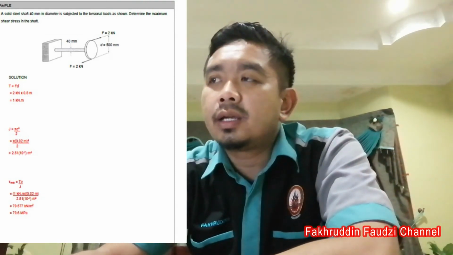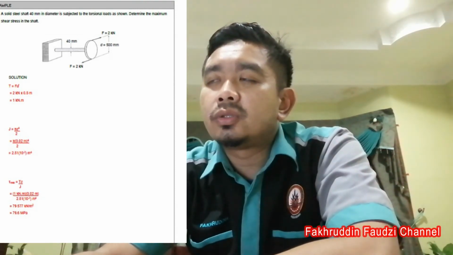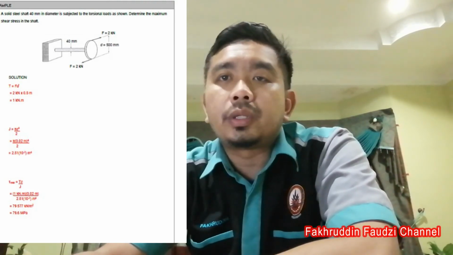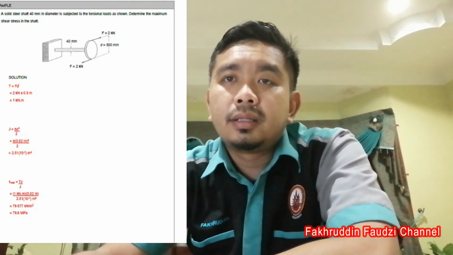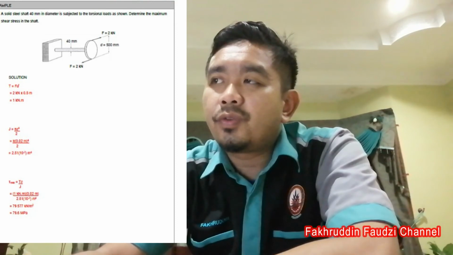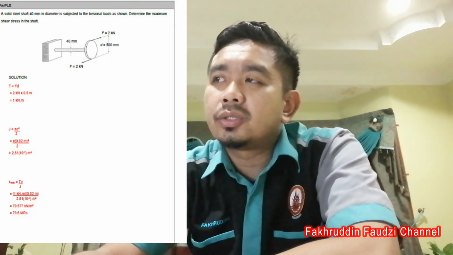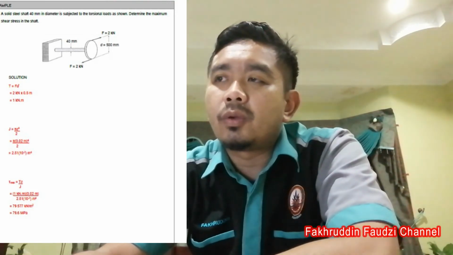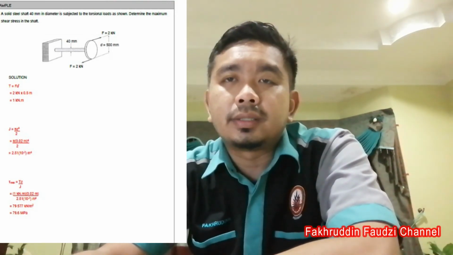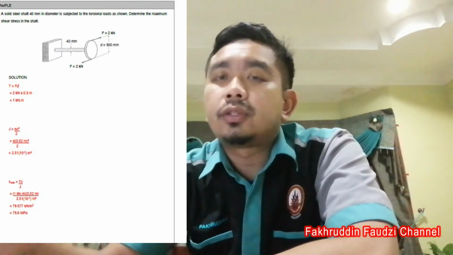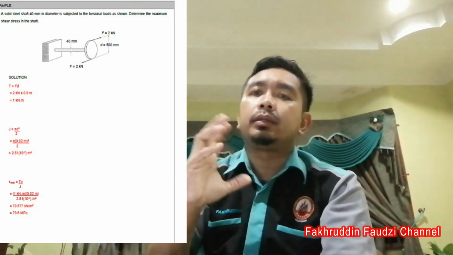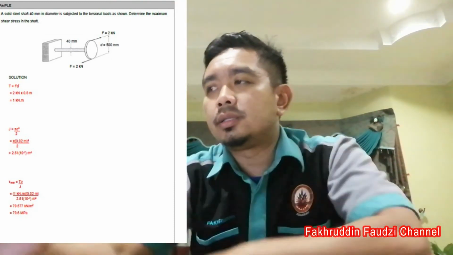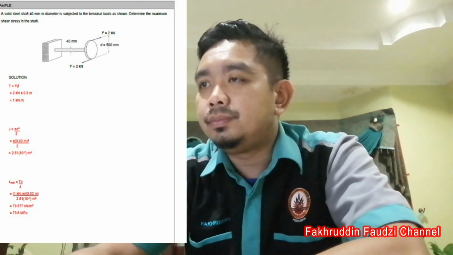So we have to convert to meters, 0.5 meter. So the torque is F times D, force times distance, 2 times 0.5, so we get 1 kN times meter for the torque. So the torque comes from the circular part.